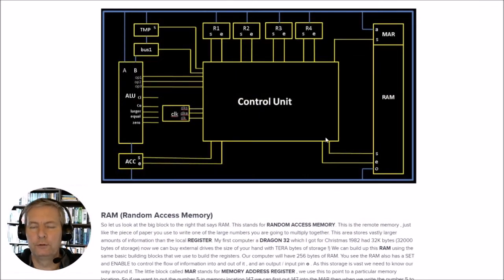Now let's move on to the really interesting part of the CPU design, and that's the control unit. So if the CPU is the beating heart of the computer, then the control unit is the beating heart of the CPU.